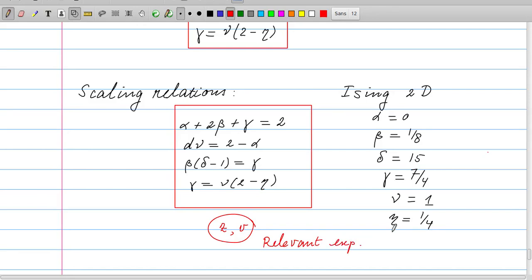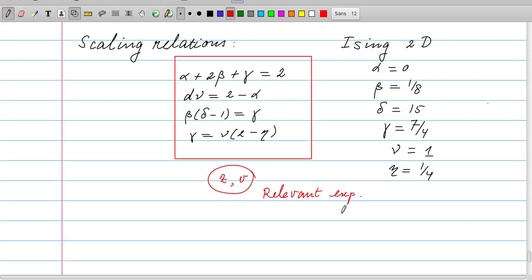Because we could express all these in terms of only 2 numbers, that explains why we have so many relations between them. There are only 2 independent, and the rest of course is related. And the relation is expressed in terms of these 2 numbers z and v.